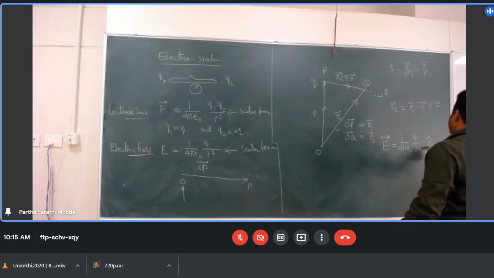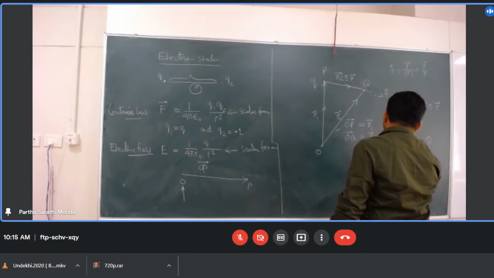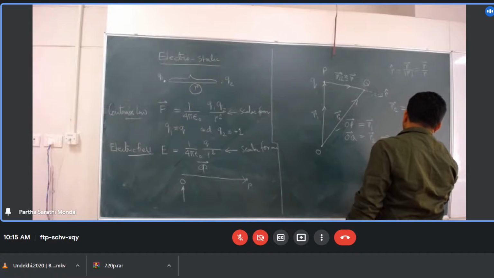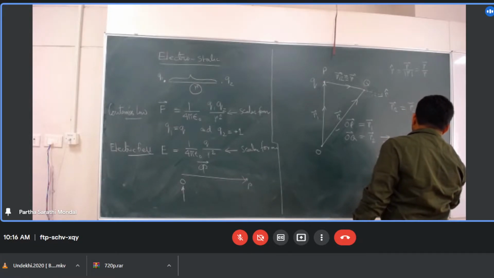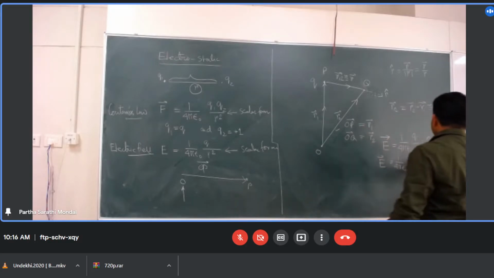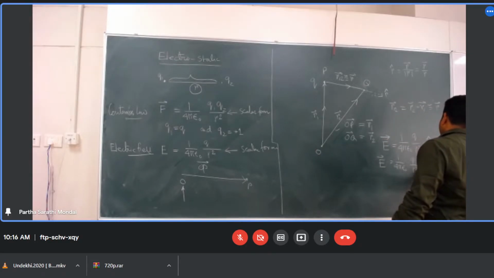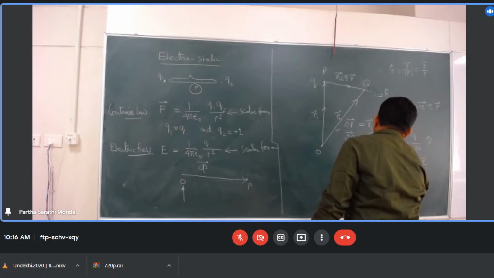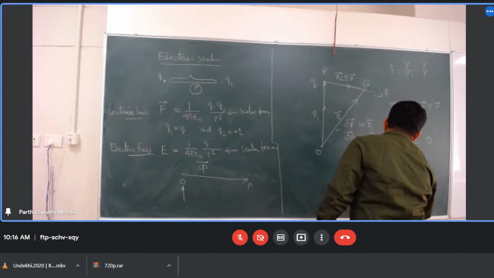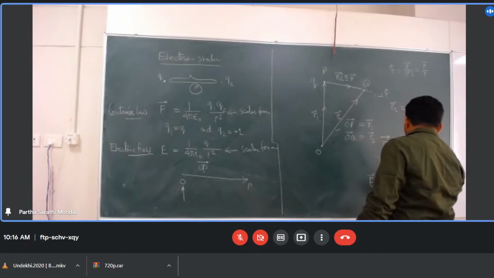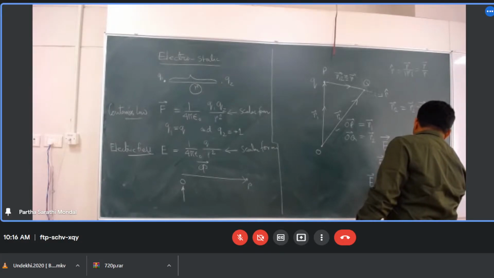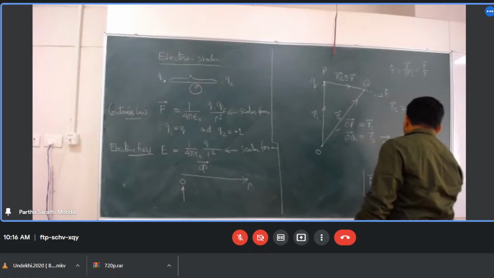So now if I attach this one here, you will get E equal to 1 by 4 pi epsilon 0 Q divided by R square, into R by R. So that means your electric field will become technically 1 by 4 pi epsilon 0 Q by R square, क्या होगा R divided by R. So this is the vector.